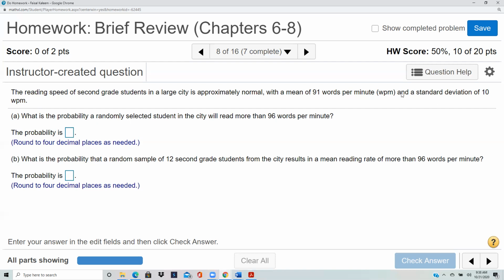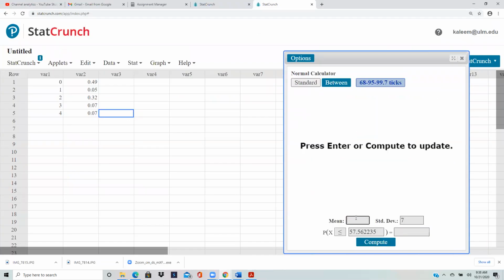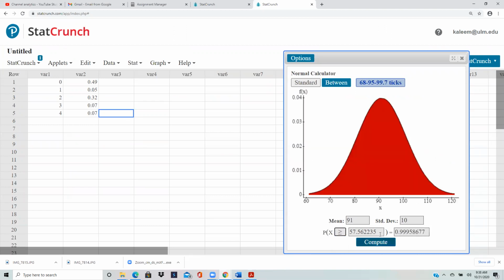Right. So mean is 91, standard deviation is 10, and we are talking more than 96. 91, 10. And more than 96. Where does the 96 go?